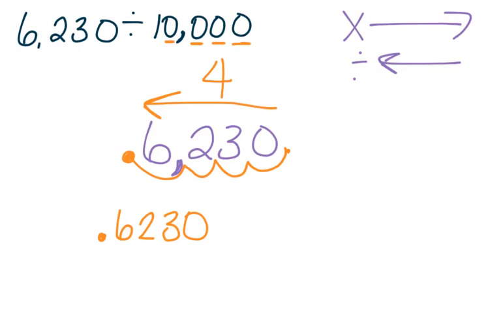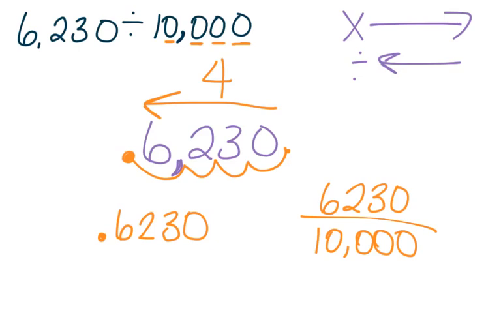As a fraction, just for fun, it would be written like this. So we moved to the left 4 spaces because there are 4 zeros.